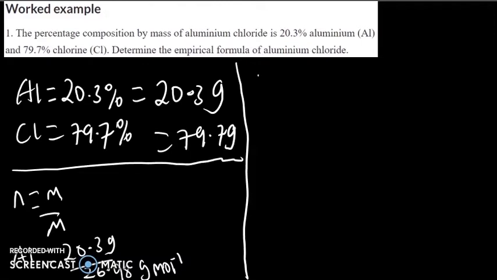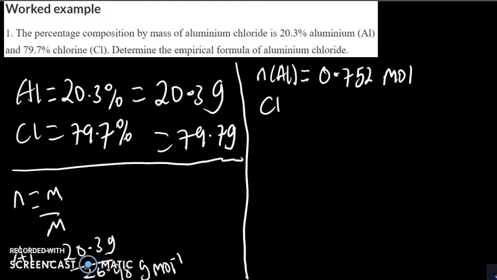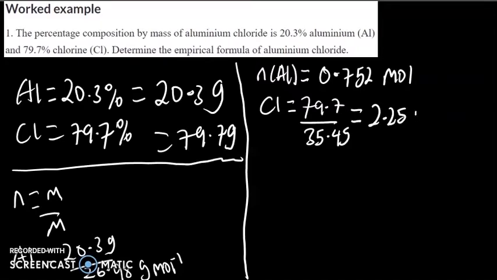For the moles of aluminum, you will get 0.752 mole, and for chlorine, 79.7 divided by 35.45 equals 2.25 mole.